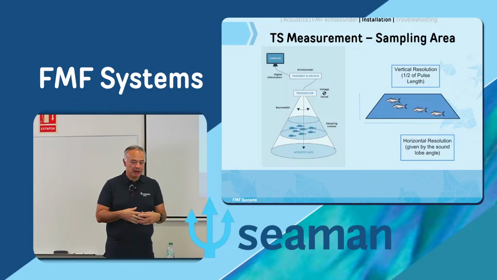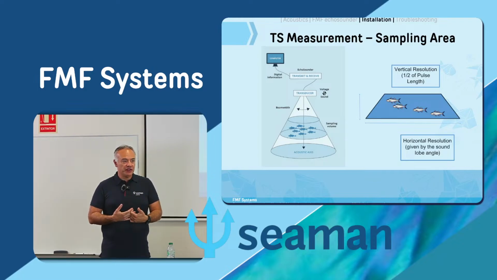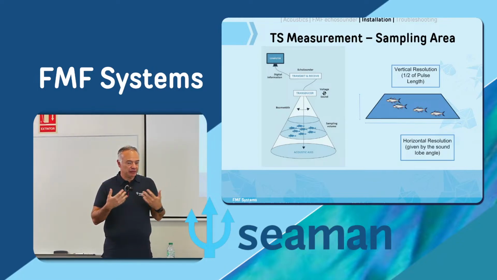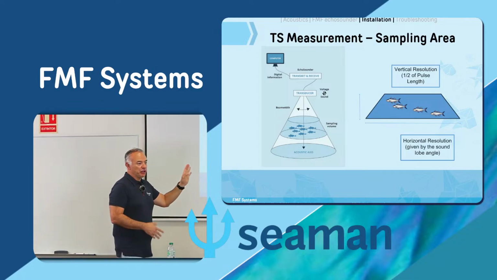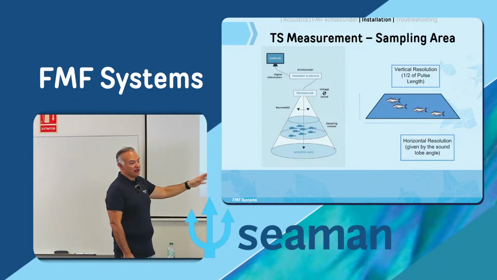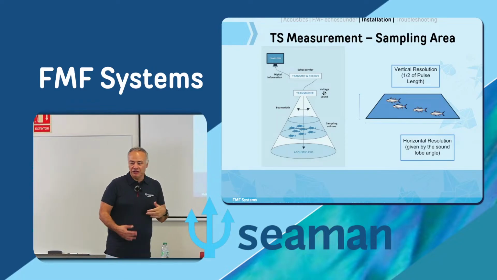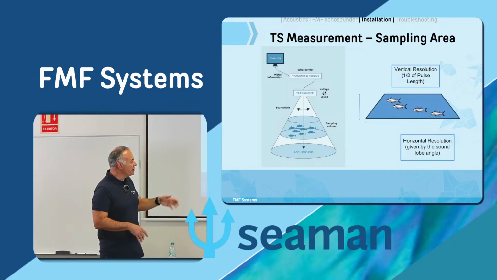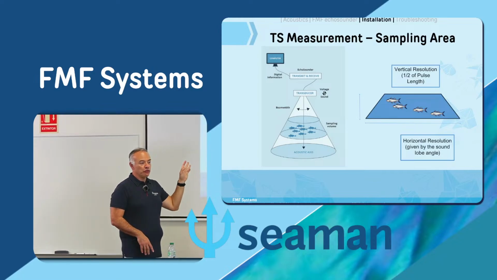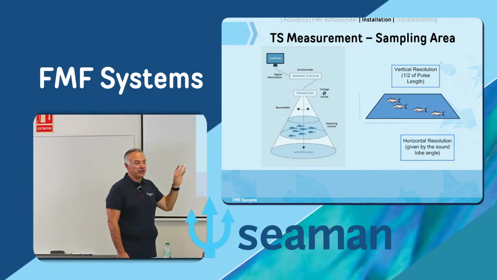But since we can have a good ping rate, we increase the chance of measuring. The higher the ping rate, the more we increase the chance to get those targets isolated enough to measure.